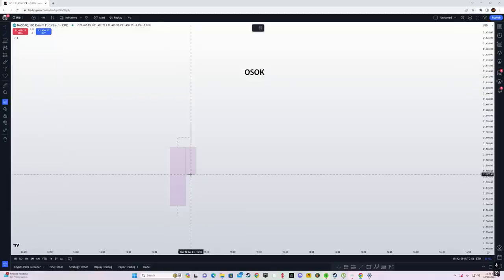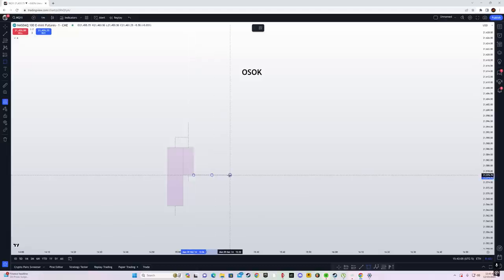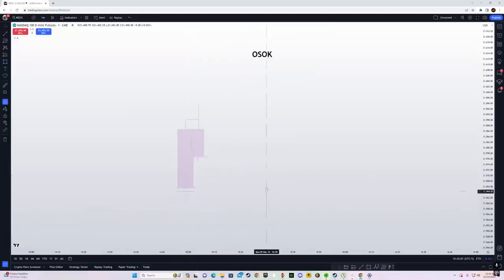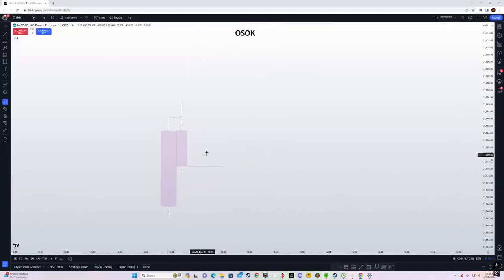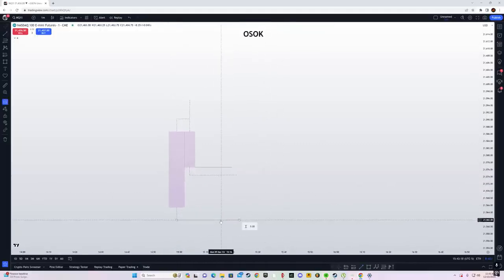Now the bias for the third candle that opens right here is going to be bearish. The first target would be this, and the last target could be this level over here. So this is how we use 2 candles to identify our bias for the third candle.